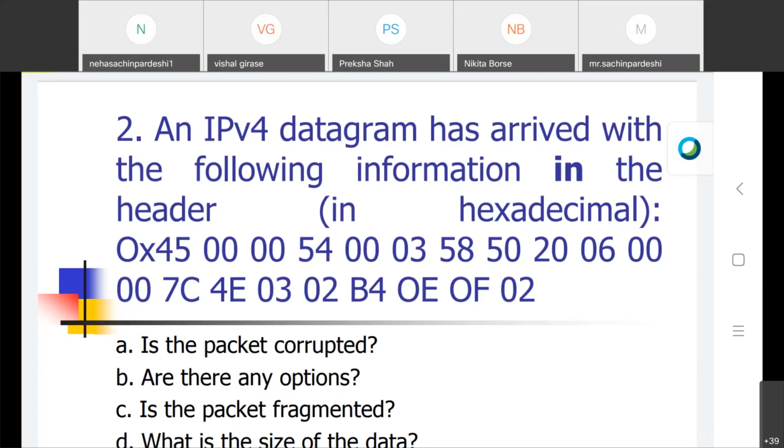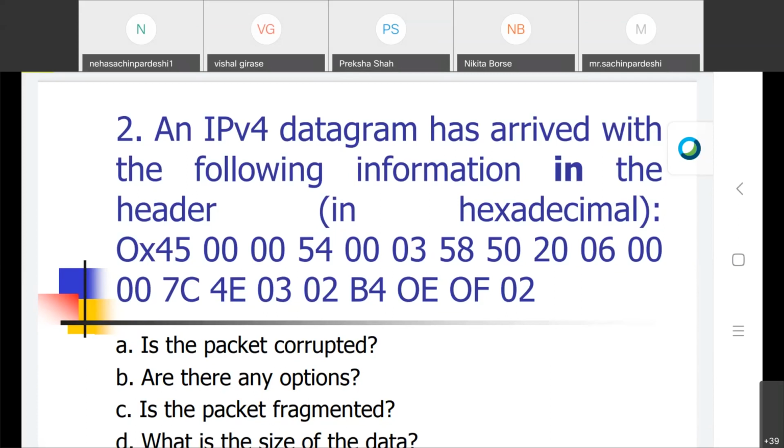We have seen this yesterday, and again I have discussed the same concept. The 4 bits define the header length, and in 4 bits you can write a value up to 15 only. The header length is 20 to 60 bytes. How can you get 60?